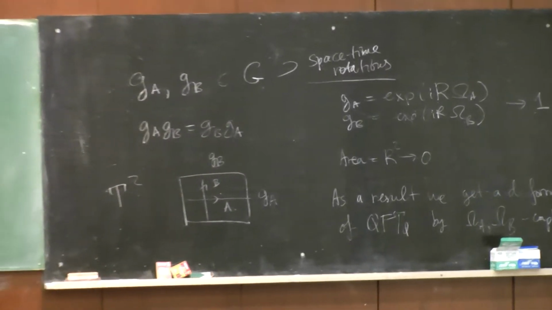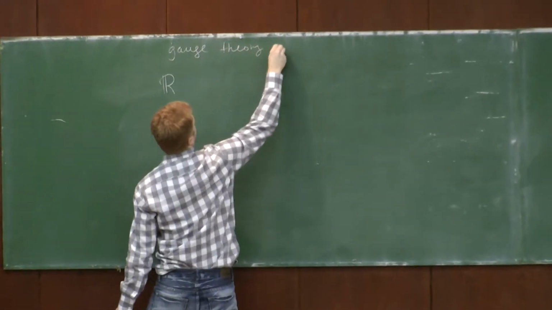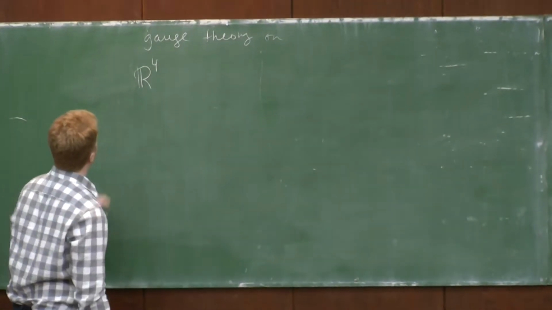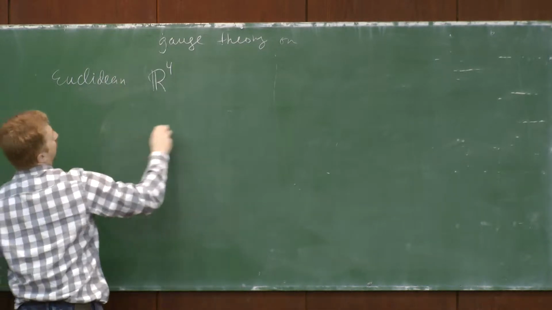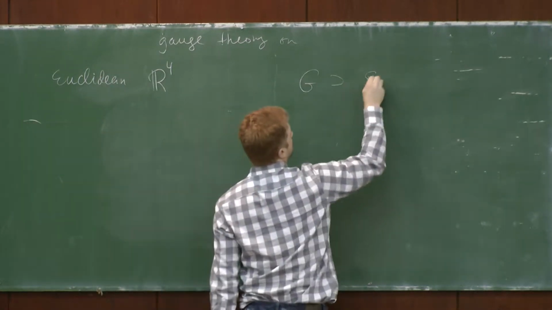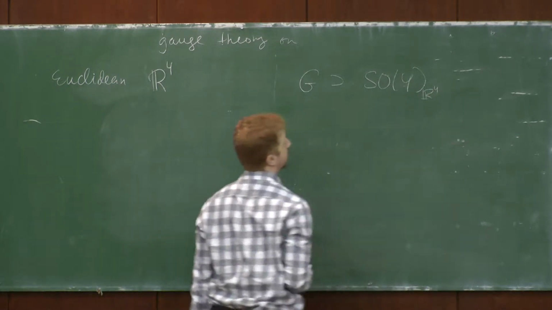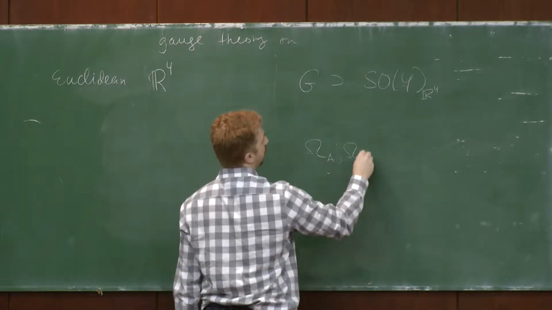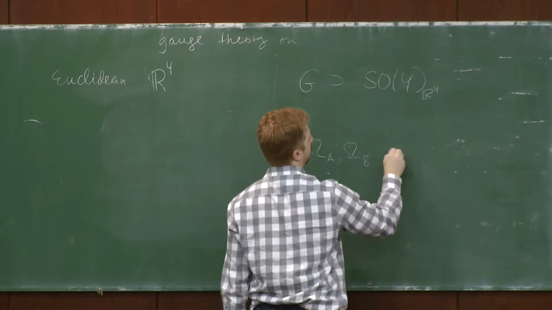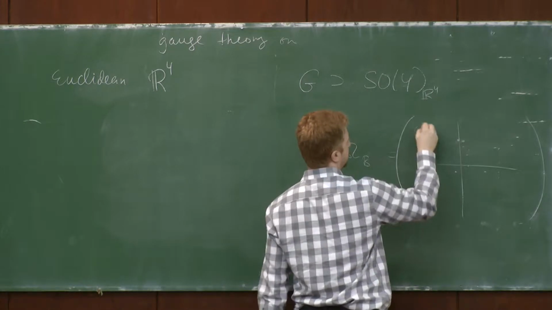And now we do the gauge theory on R4, on Euclidean R4. And so my G will contain a group of rotations. So these are the rotations of space-time. And so these matrices omega A and omega B will be essentially, well, now they can be block diagonalized.